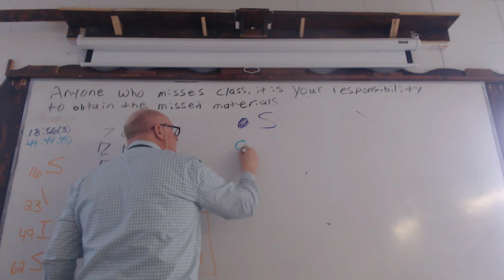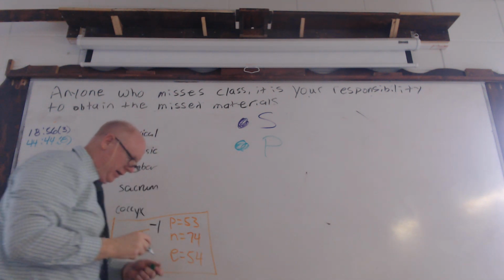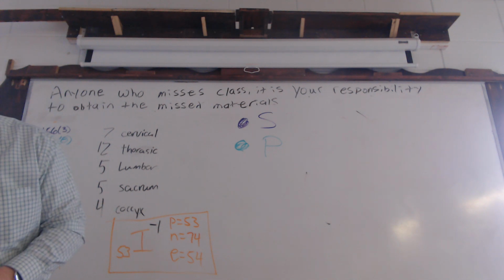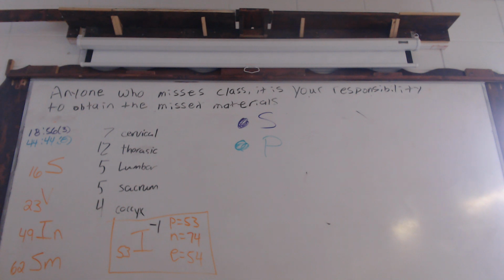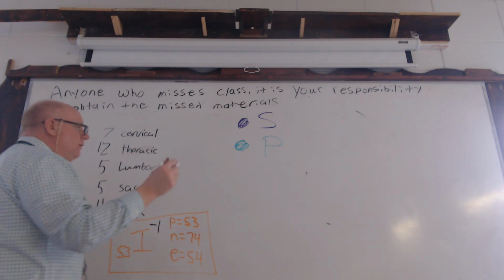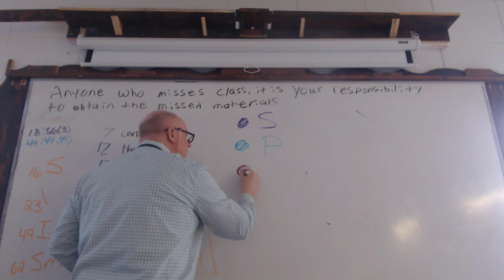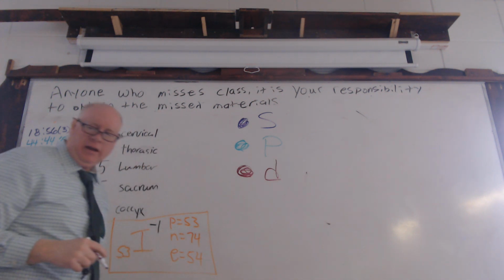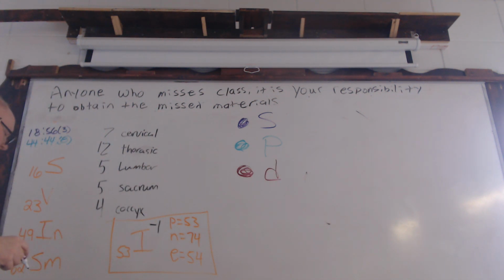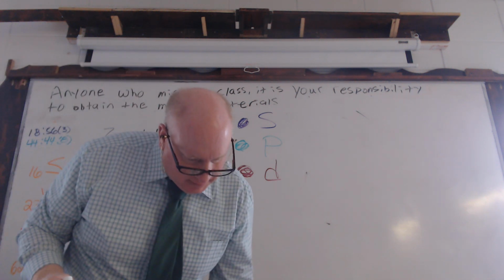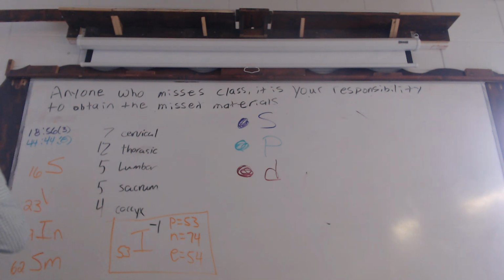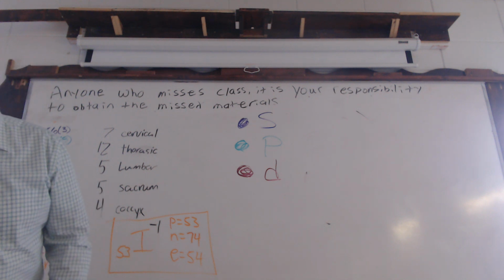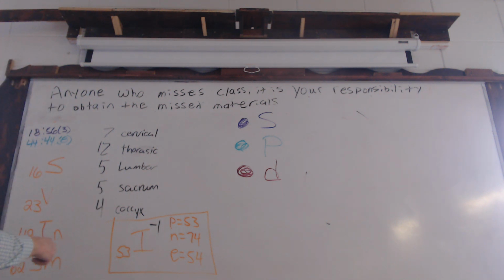Green is P block electrons. Then looks like we've got red. So red are D block electrons. And I think when we get all the way up to Sm, which is samarium, we need one more block, and that is what? F block. So we'll go ahead and make those orange.